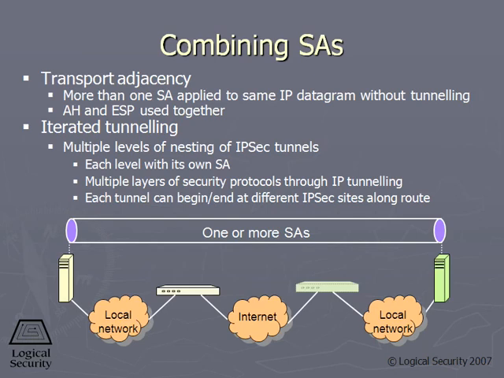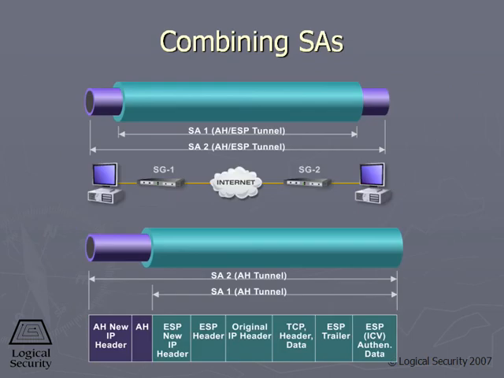Now, security associations can actually be put together in different ways depending upon what type of security you need at different ends. That means you can have an SA that basically tunnels through a different SA. Let's say my computer is going to send data to my VPN device using AH.